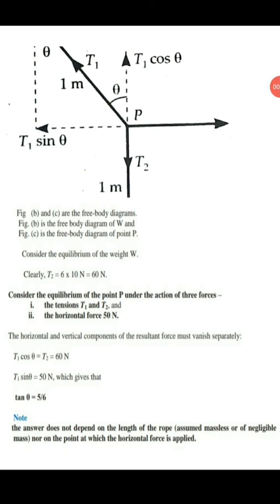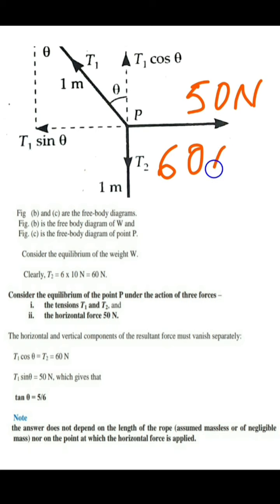Here on this side, towards right, it is 50 Newton, and T2 we determined to be 60 Newton from the free body diagram of the 6 kilogram object, that is 60 Newton downward, and at P towards right it is 50 Newton.